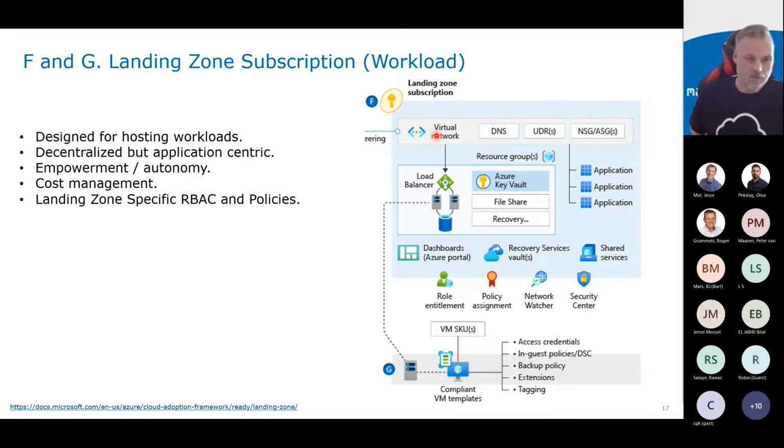And that requires quite some knowledge about the networking part in Azure. So do you really want to delegate that to, for example, a line of business team? I don't think that's the right way. I think that still needs to be managed by a central network team. But it's up to you how you want to design that.